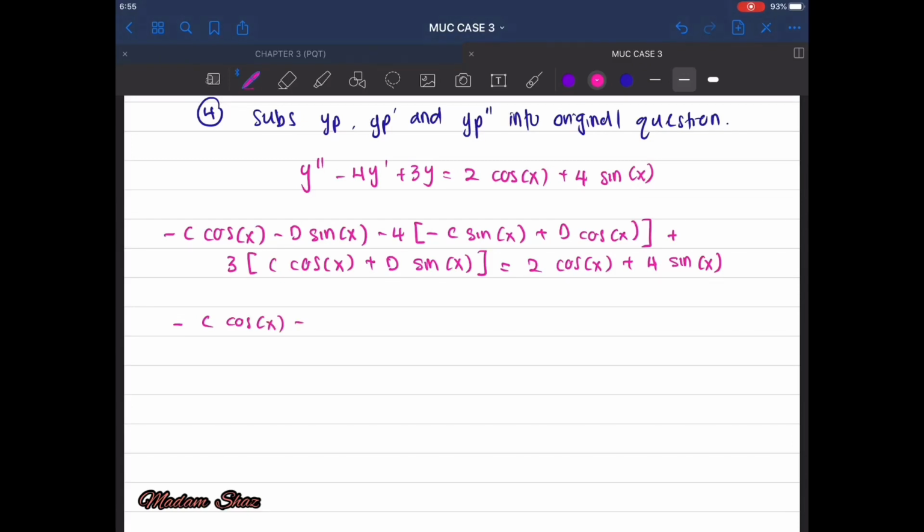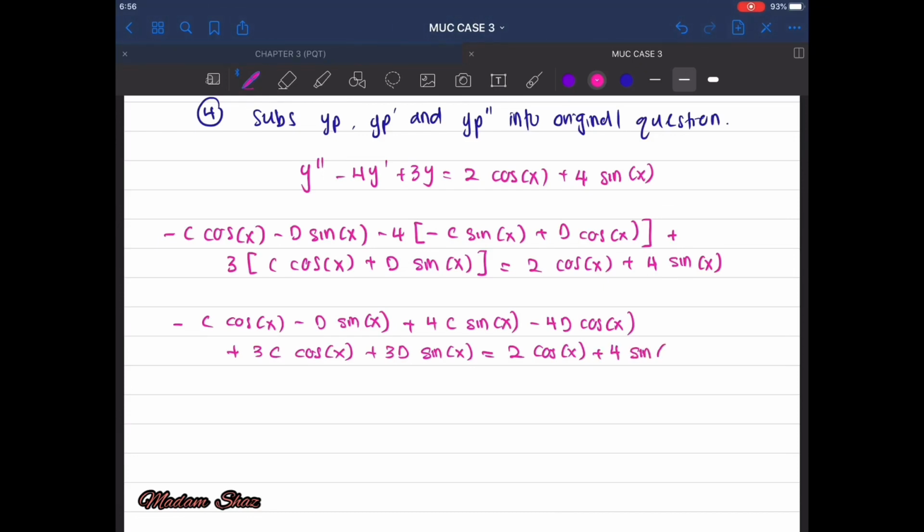Negative c cos x minus d sin x plus 4c sin x minus 4d cos x plus 3 multiply c will become positive 3c cos x, 3 multiply d will become positive 3d sin x, is equal to 2 cos x plus 4 sin x.